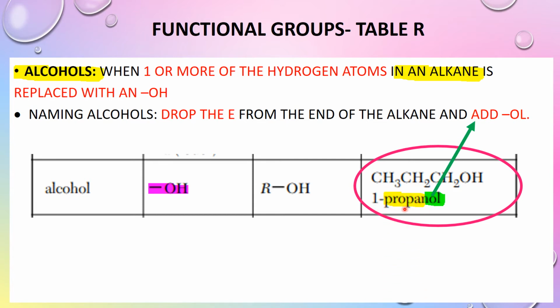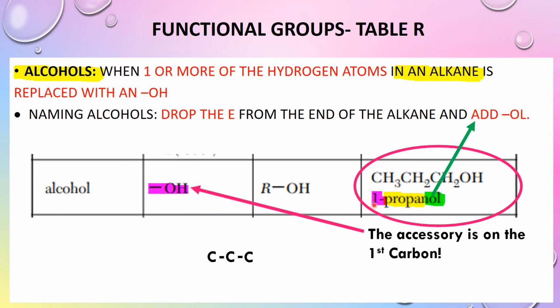Looking at the beginning of it, propane, I know that prop means that there are 3. If you look at table P, it tells you the prefixes. Prop means 3. Okay, there's one extra piece here on the first carbon. Again, that's what that number out in front tells you. It tells you where this extra piece is, and the extra accessory is on the first carbon.